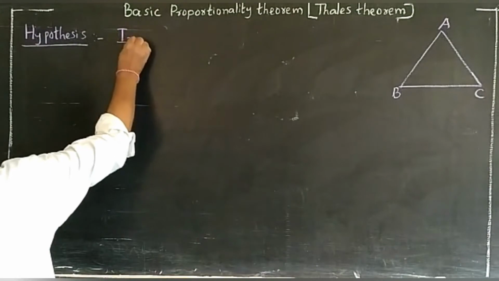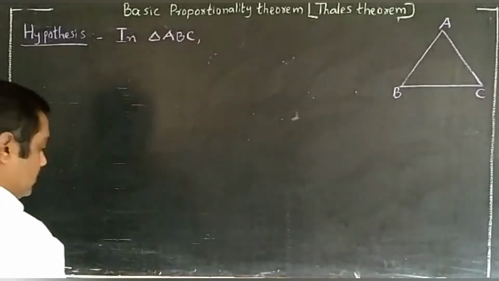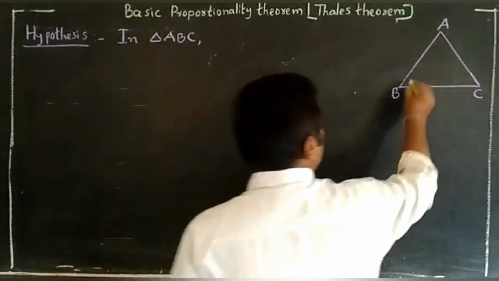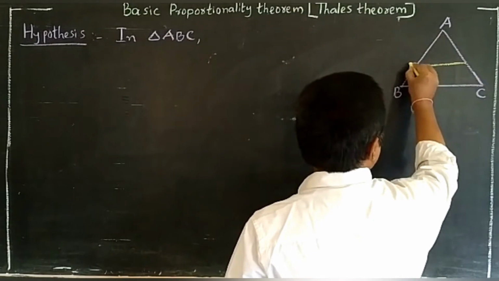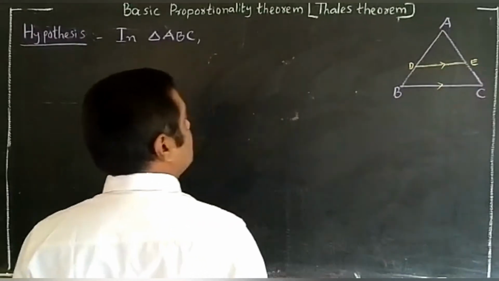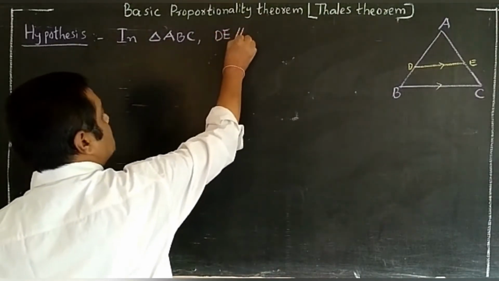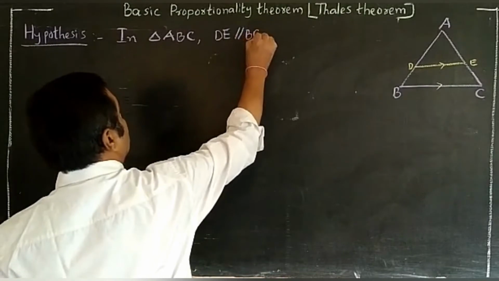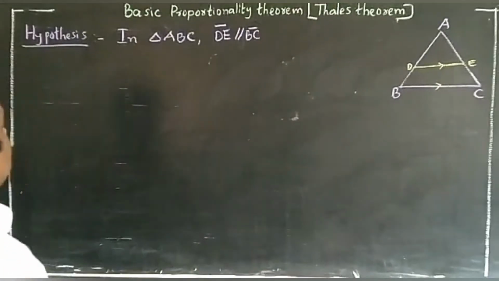In triangle ABC, I am going to draw a line parallel to one side, that is DE is parallel to BC.